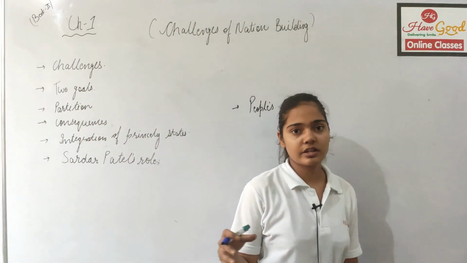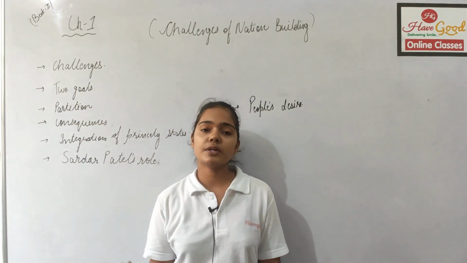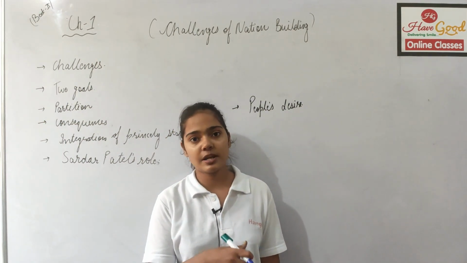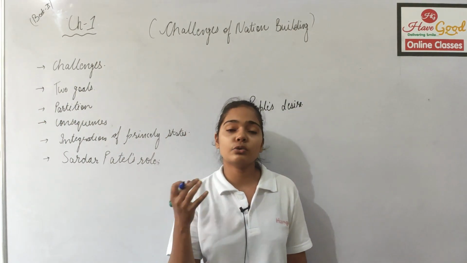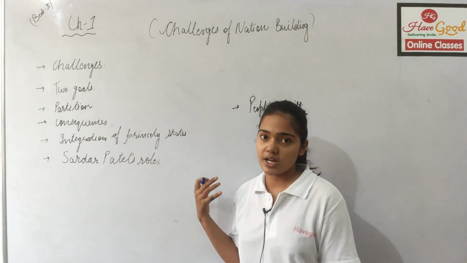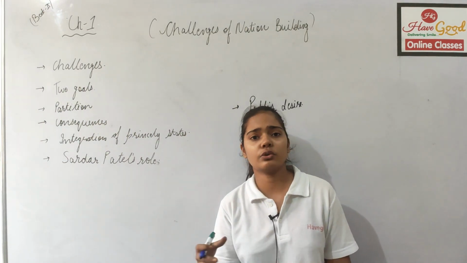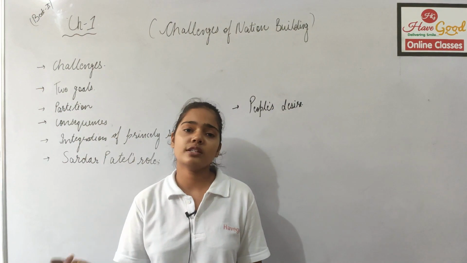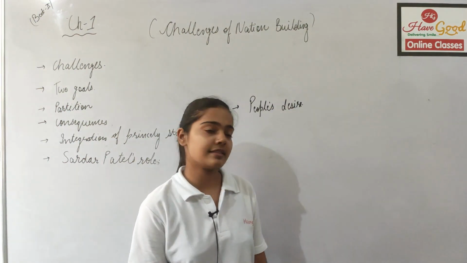Actually, people of those regions wanted to join the Indian Union because they wanted to establish democracy in their region, but due to the monarch rule, due to the monarch king, they could not do so. So they wanted to join the Indian Union so that they could establish democracy in their region.